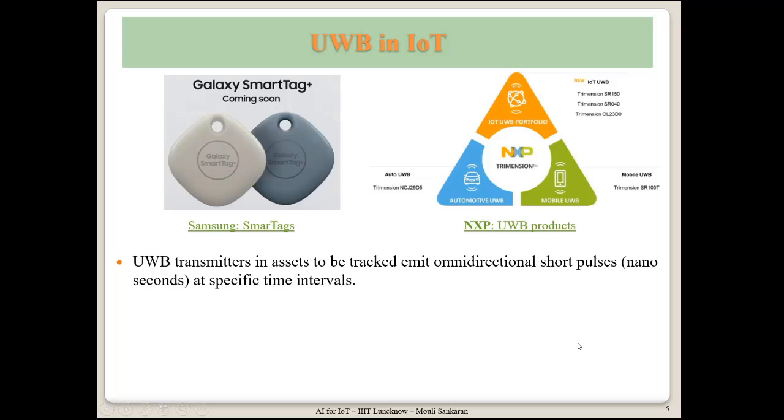Okay, now let me explain where exactly it is used. Suppose the typical example that we saw here, we are having a mobile, I am showing it like this, and then a key is there, tied with this tag. Now, what happens is, this is a transmitter.